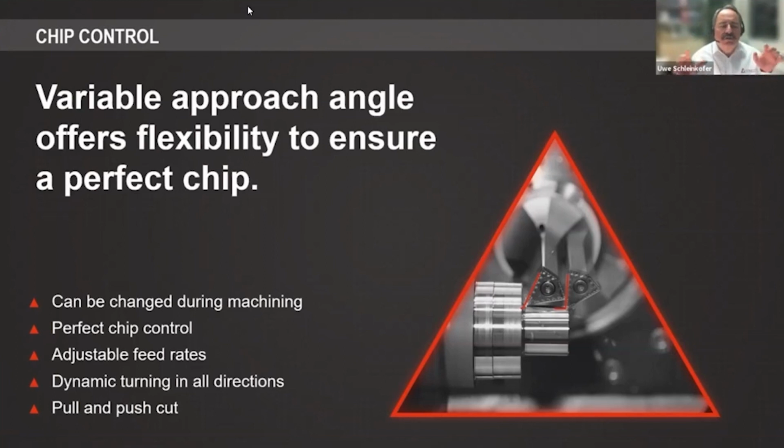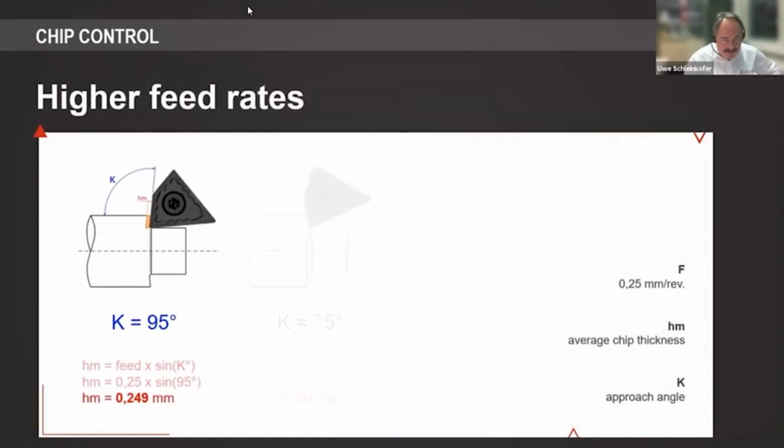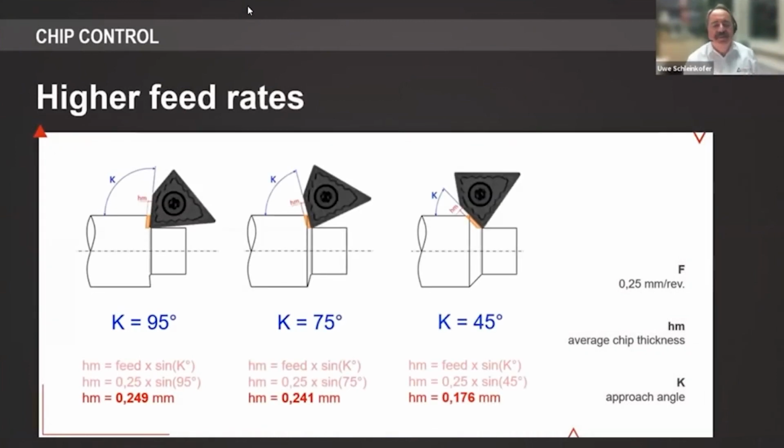And all of that gives you now the option to control the turning process much, much better compared to the conventional way. I show you here now 3 different approach angles, and hm written in red on the bottom of the slide shows you the chip thickness.